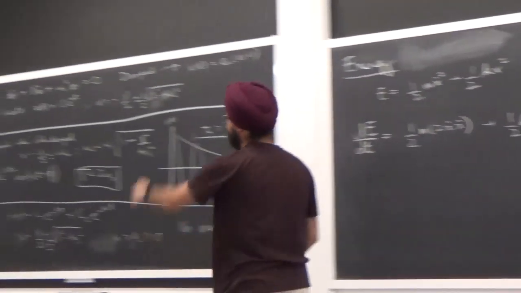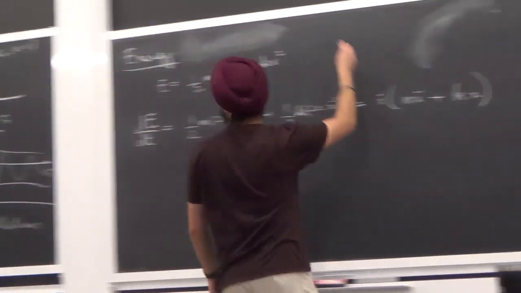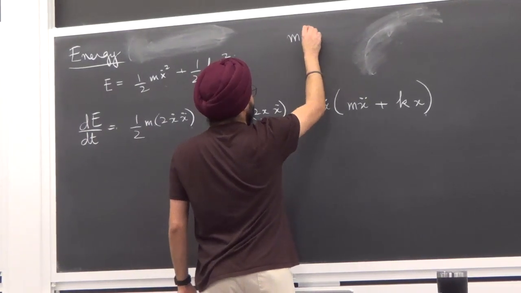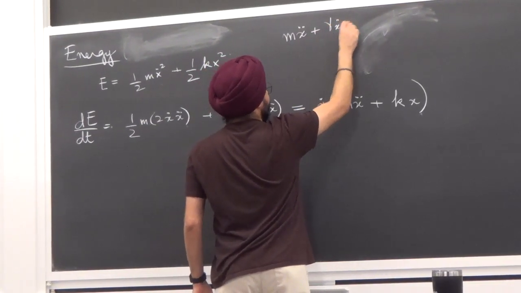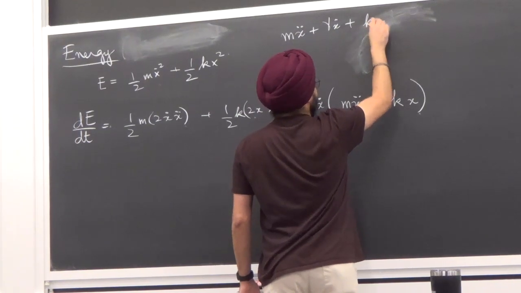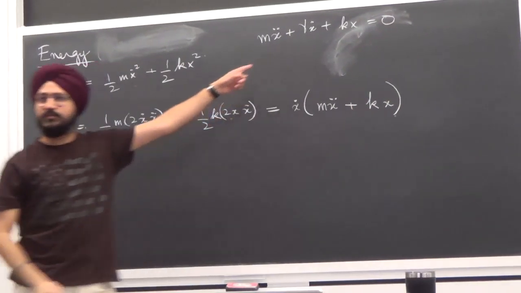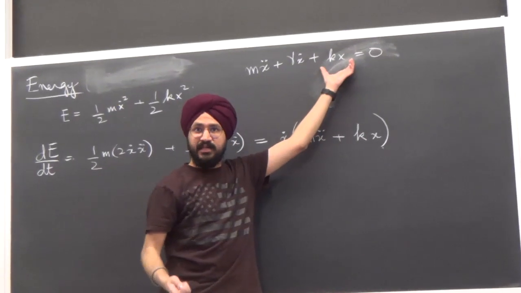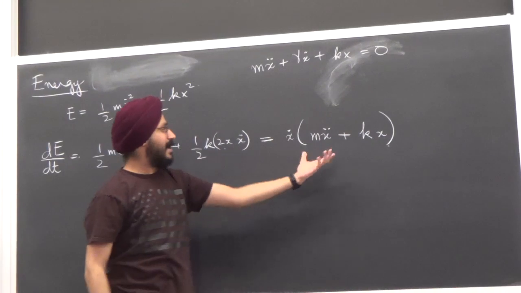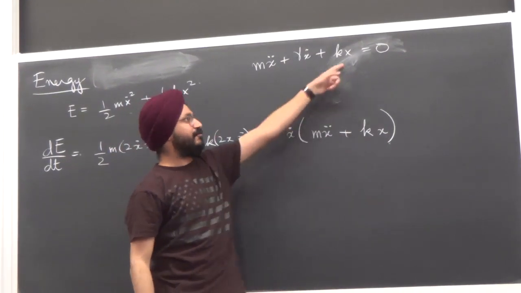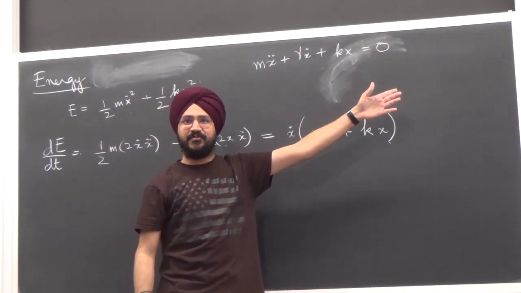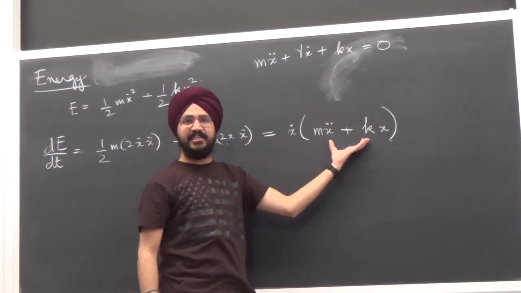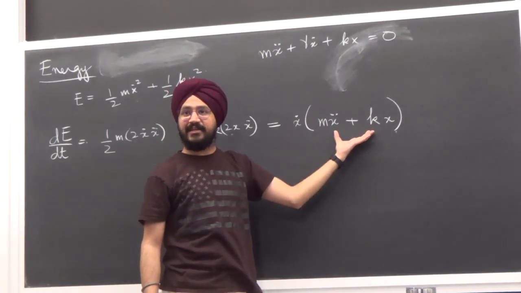The equation in terms of the masses explicitly written out is m x double dot plus b x dot plus k x equals 0. Just the simple harmonic piece and the damped piece. And I have 2 terms out of 3 and a 0. We got lucky. I can just use this equation and change this into a minus b x dot.